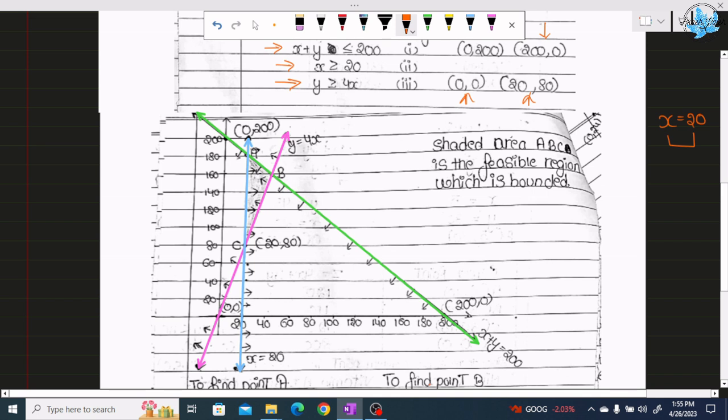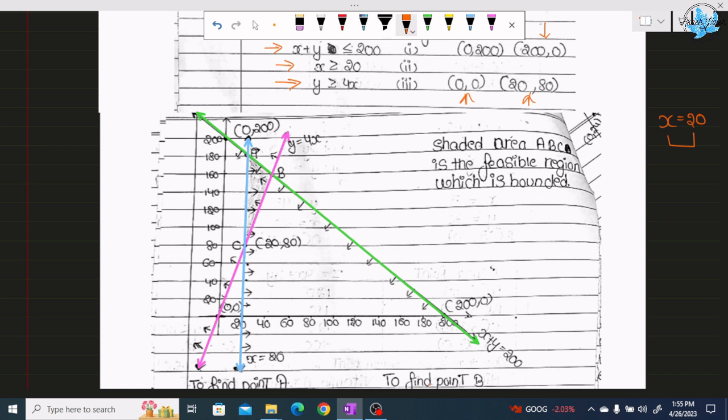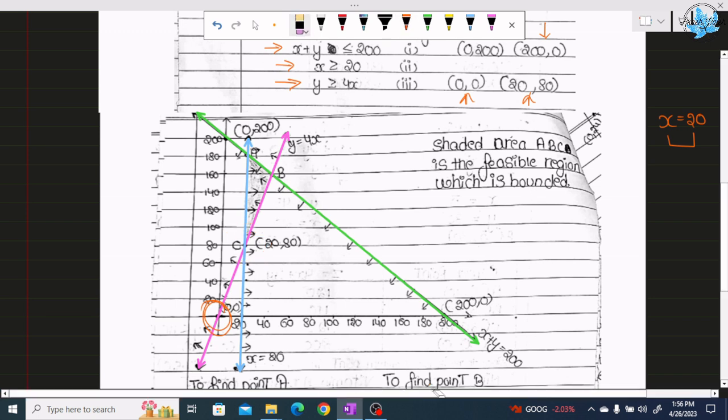Then the third equation is y is equal to 4x. The two coordinates are 0 comma 0 and 20 comma 80. By joining these two points, you can see the pink line graph. The pink line graph is of the equation y is equal to 4x.